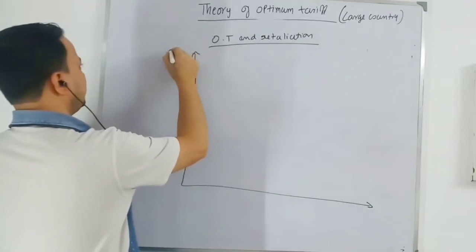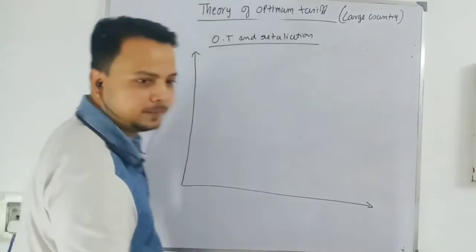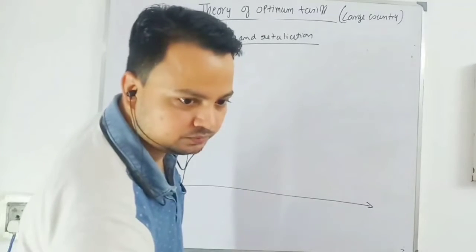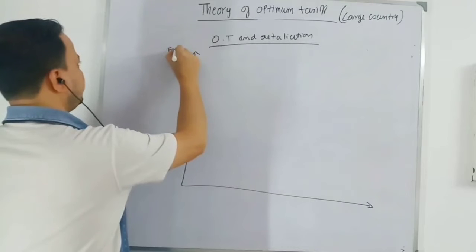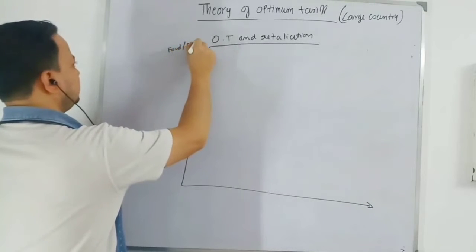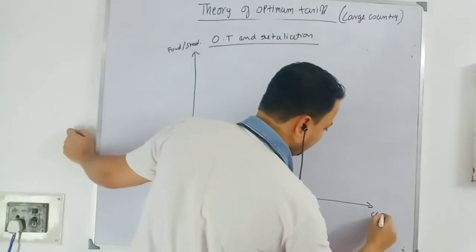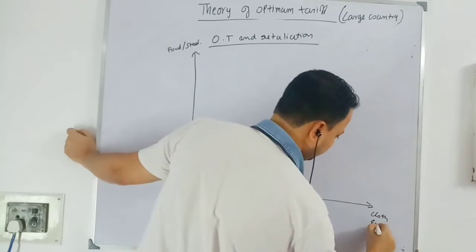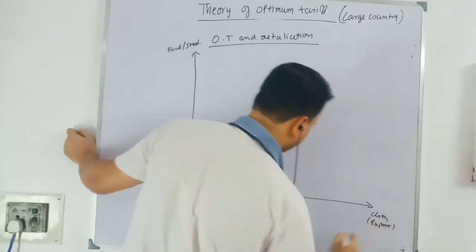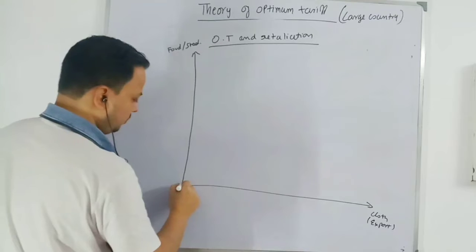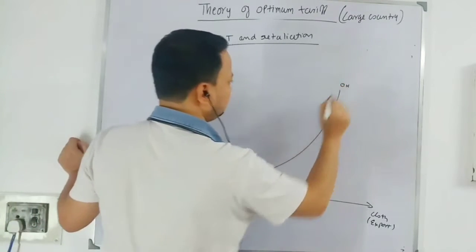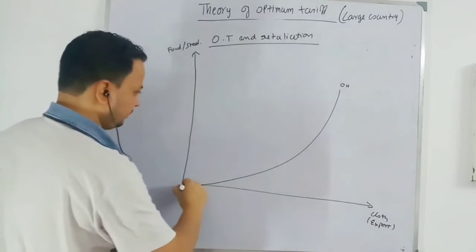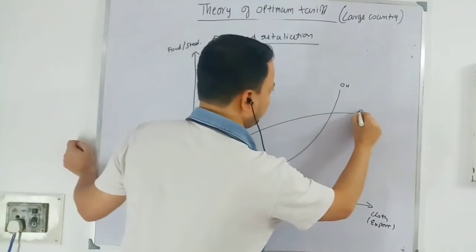So here you can write import, food or whatever you want to take. Here you can write export of the home country. So this is the offer curve of the home country. This is the offer curve of the foreign country.